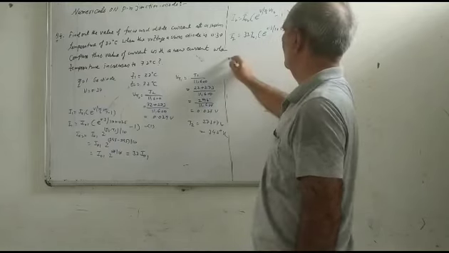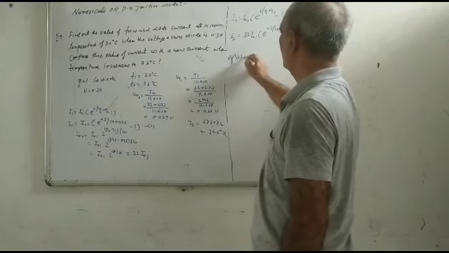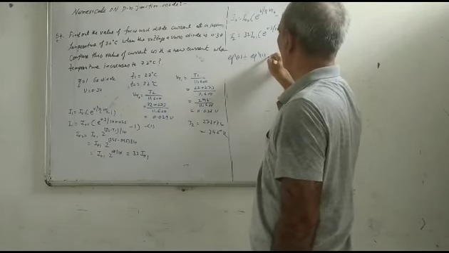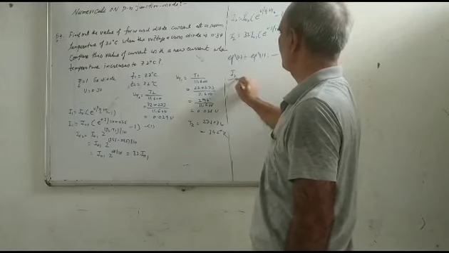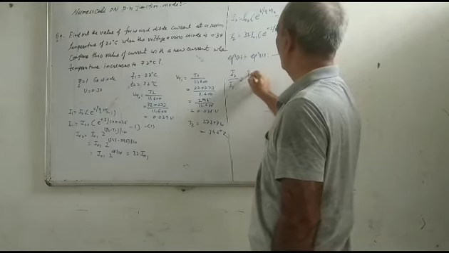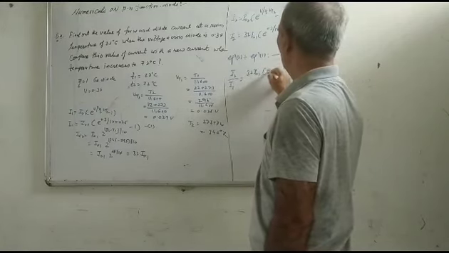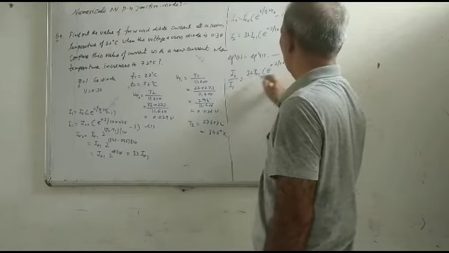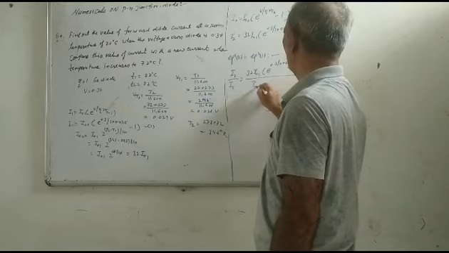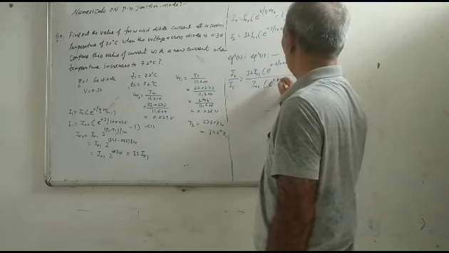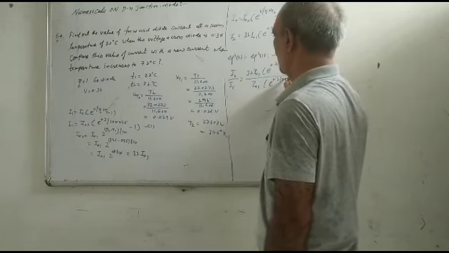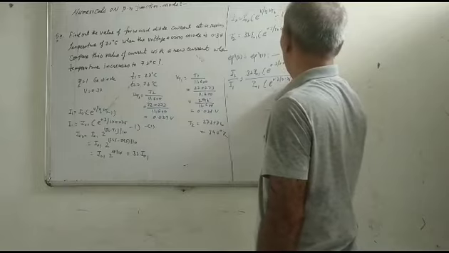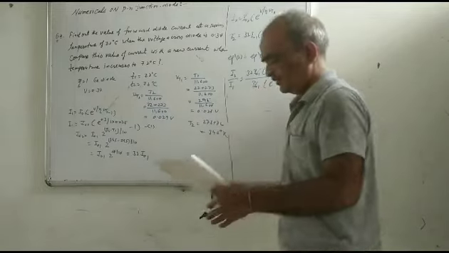This is equation number 2. Divide equation 2 by equation 1, so you will get the ratio of the currents I2 by I1: 32 I01 e to the power 0.3 upon 0.029 minus 1, upon I01 e to the power 0.3 upon 0.025 minus 1. I01 cancels out.